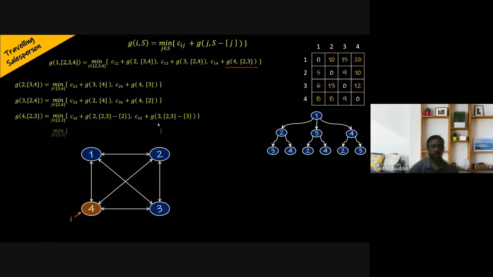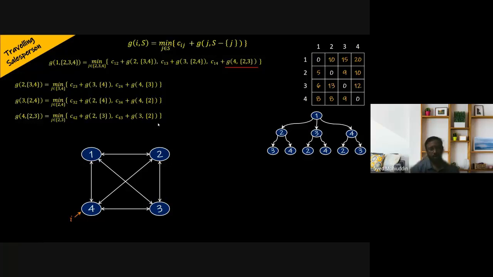So once we simplify, this gives us the cost, which should be minimum, from 4 to 2 or from 4 to 3. So once we simplify this equation, we have the equations.